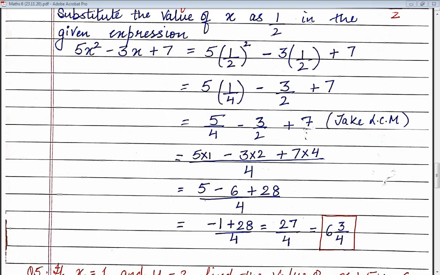In the substitution method, you have to just substitute the given value in the given algebraic expression. So that is your substitution method. Now let us discuss the next question, that is question number 5.